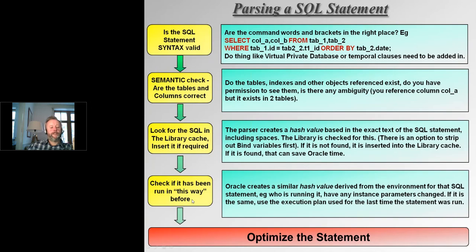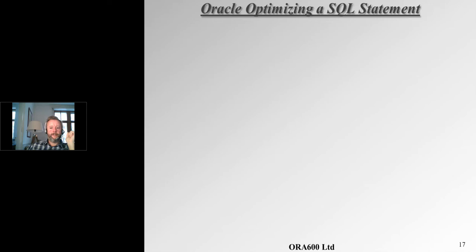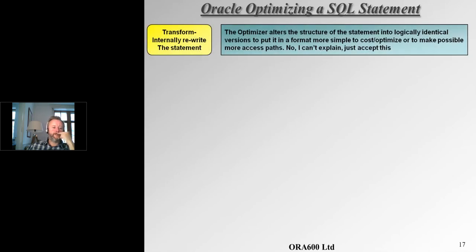So hopefully now Oracle has a SQL statement that it understands, maybe it's seen before, and it can parse and optimize it. What does Oracle do when it optimizes SQL statements? First of all, it rewrites it for you. It transforms it internally into different layouts that may or may not be more efficient.